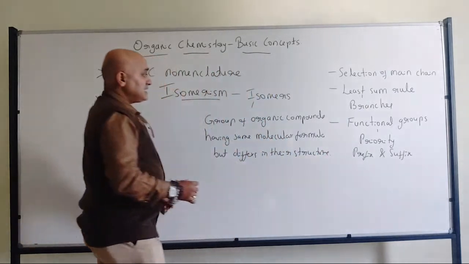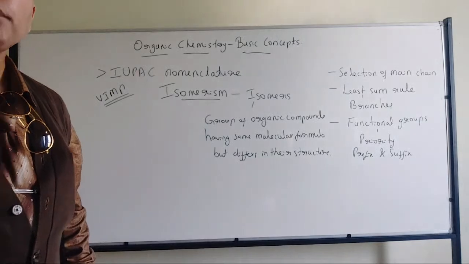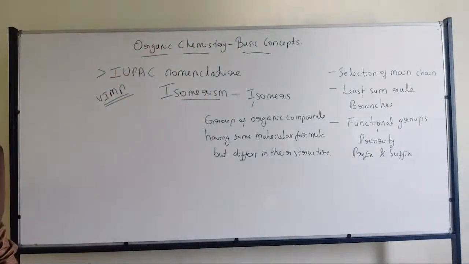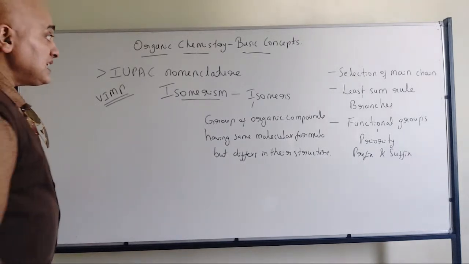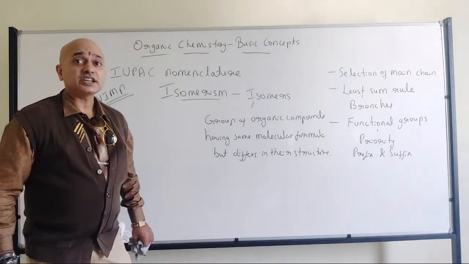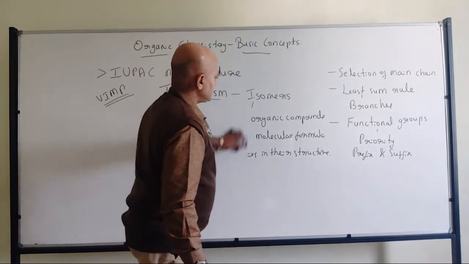Since they differ in their structure, to some extent they even differ in their properties. So they are called isomers. What do you mean by isomers? A group of organic compounds having the same molecular formula but different structures. That's where we have the isomers.